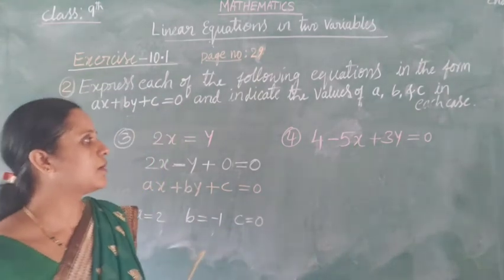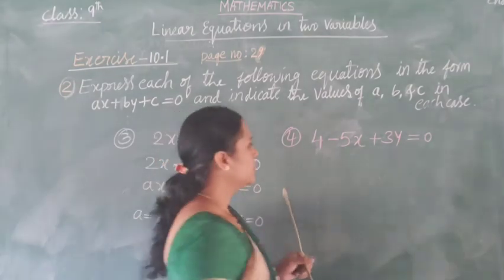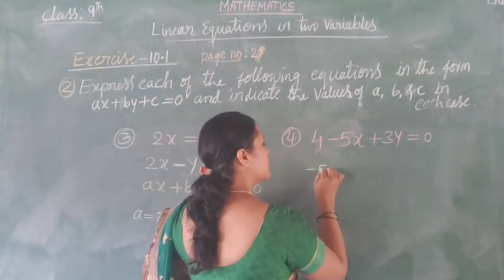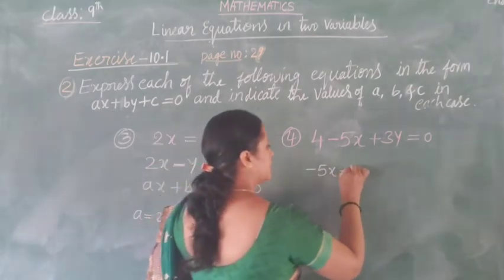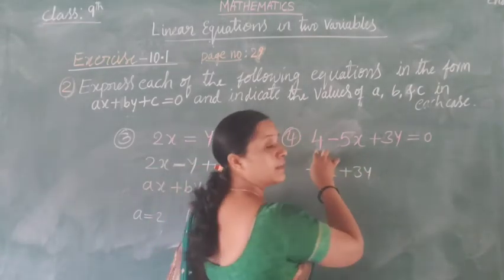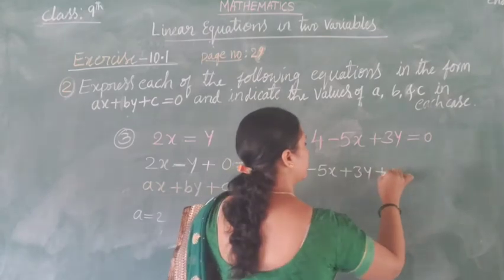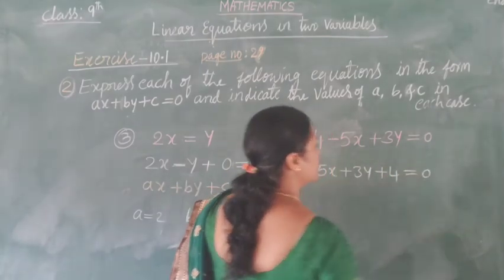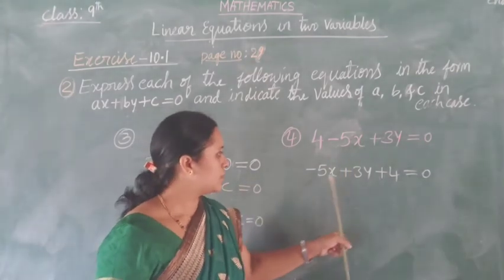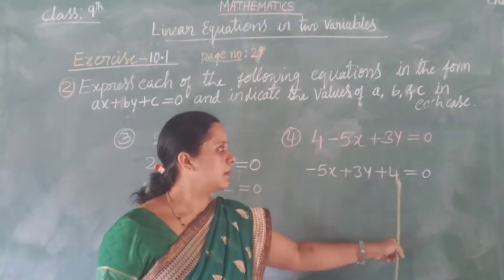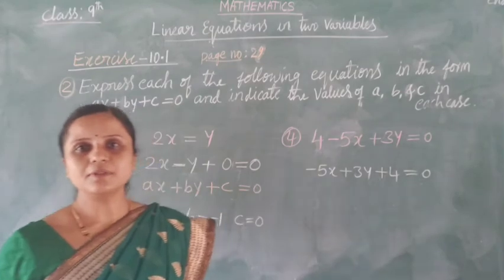So first you have to write it in general form. So write minus 5x first, next 3y, and next you write plus 4 equal to 0. You can see this one: minus 5x, 3y and 4 equal to 0.